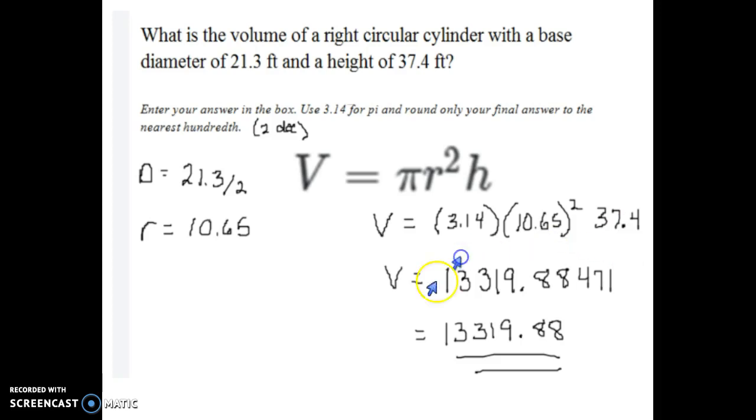When you multiply those out, this is the number you get. It told you to round to the hundredths, so we look at this decimal, or this unit here. It is less than 5, so we'll leave it as 13,319.88.